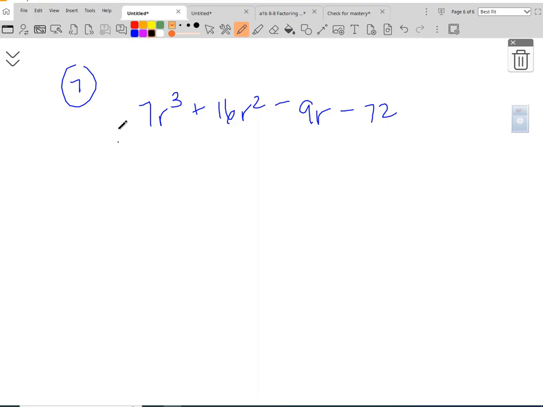What do we do next, Keishan? Group. I assume it just says the factor is the direction. Is that correct? Yeah, that's it. Okay. After we grouped them.